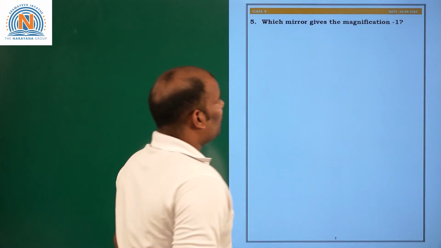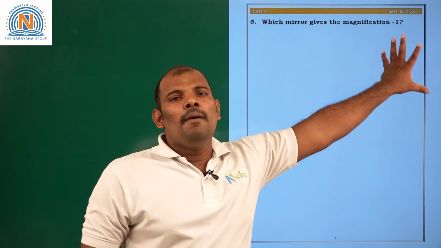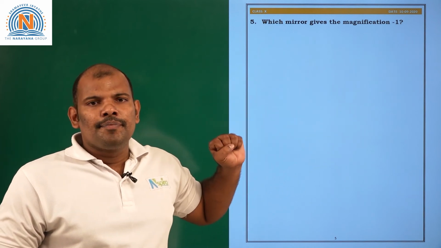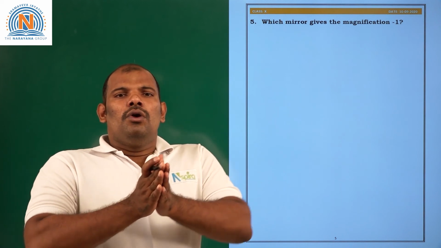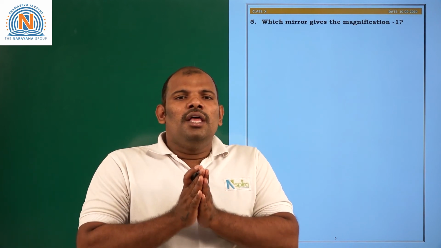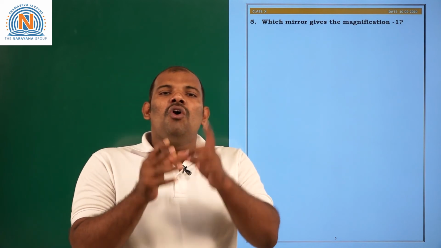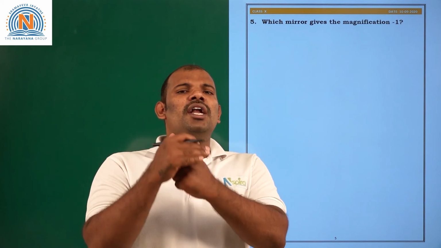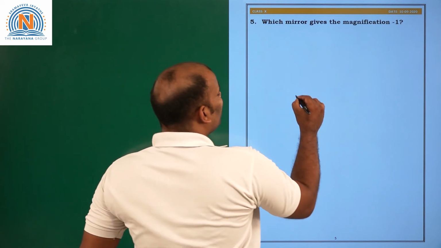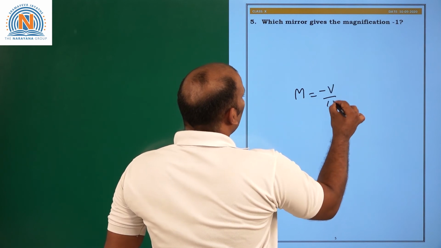Question number 5. Which mirror gives magnification minus 1? So in case of two mirrors, there is a possibility of magnification 1. As you know the magnification formula, m is equal to minus v by u.